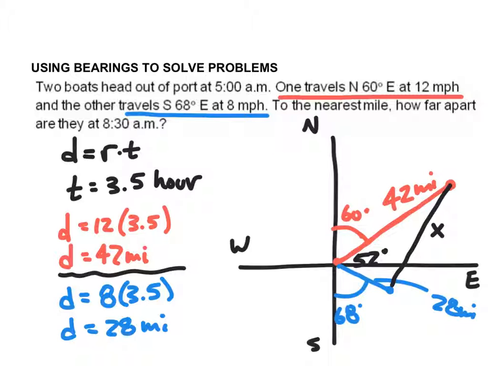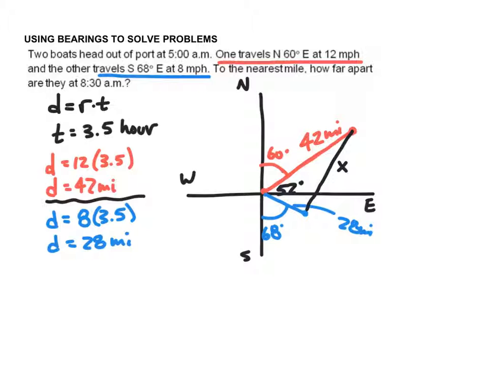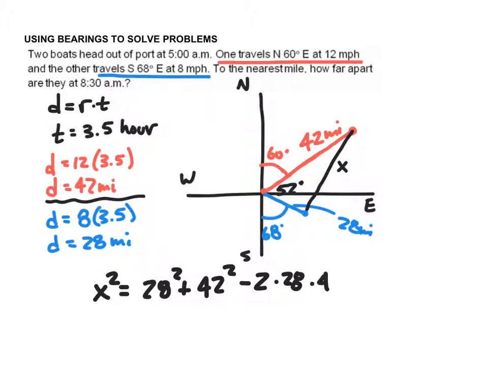Because I have two sides and an angle, let's use the law of cosines. x squared is equal to 28 squared plus 42 squared, minus 2 times 28 times 42 times cosine of angle x, which was 52 degrees.